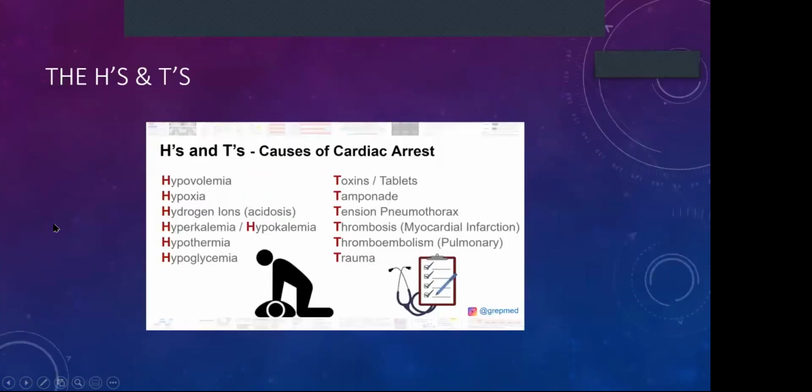Now, these are the causes of cardiac arrest, right? These are called the H's and T's. We're not going to go through each of them, but these are on every emergency department wall. These are the things that cause cardiac arrest, all right? Hypovolemia, hypoxia, acidosis, hypokalemia, hypothermia, hypoglycemia, toxins, tamponade, tension pneumothorax, MI, pulmonary embolus, and trauma.